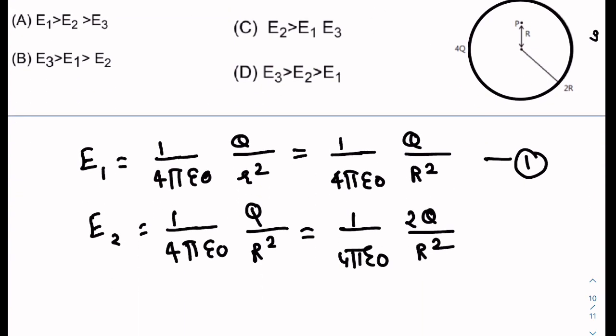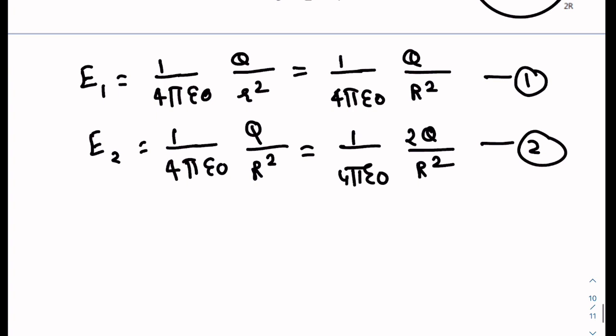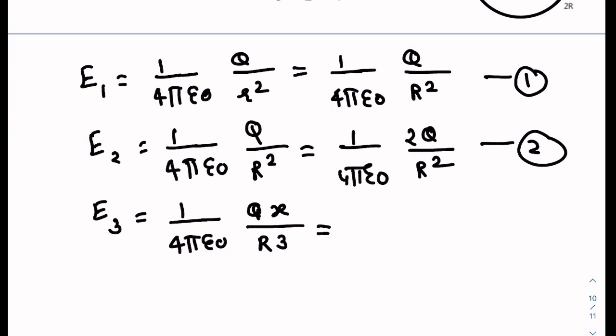Therefore 2q by r square. And for the third figure, the radius is 2r, but we have to calculate the electric field at point P at a distance r from the center. The charge on the sphere is 4q, and this point is inside, and the electric field for an inside point is 1 by 4 pi epsilon naught q, x is the distance from the center, by radius cube.